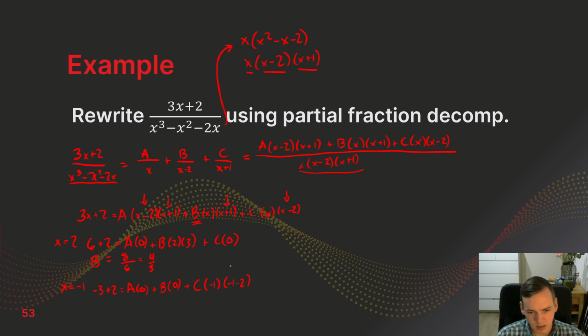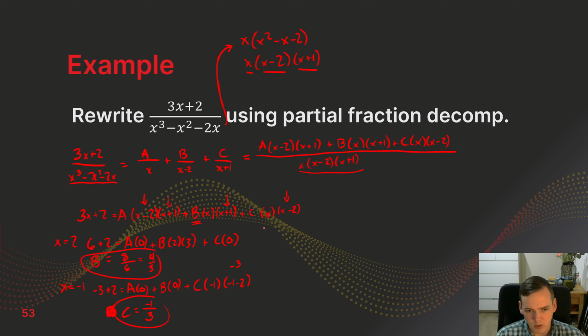That's going to be negative 3. So C is equal to negative 1 divided by 3. So C is negative 1/3, B is 4/3.